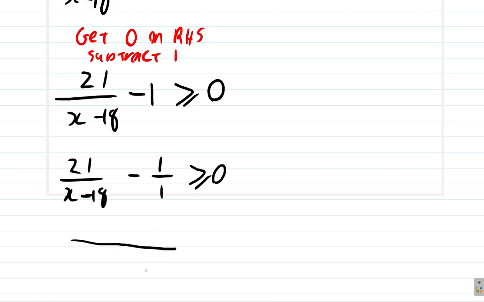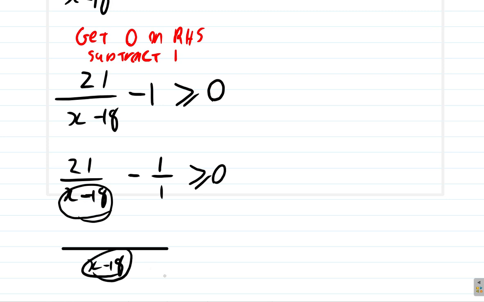Let us draw the line and find the LCM. LCM of the denominators, LCM of x minus 18 and 1. You have to remember your fractions calculation. That's x minus 18, right? x minus 18 into x minus 18 goes 1 time. 1 times 21 is 21.